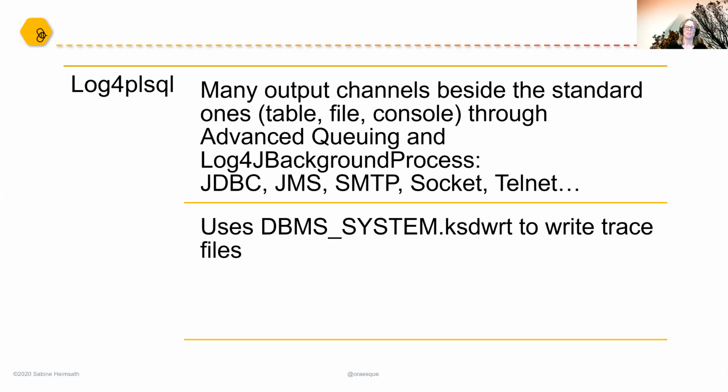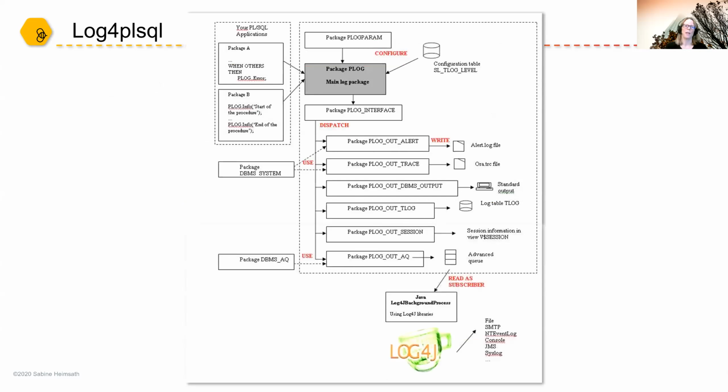And the next picture is not to shock you, but to show you the general way these logging packages are built. So you don't have to read all the things. I will guide you through it. So here's your PL/SQL application, package A, package B. Here you call plog error, for instance, or plog info, and these calls go to the main plog package.